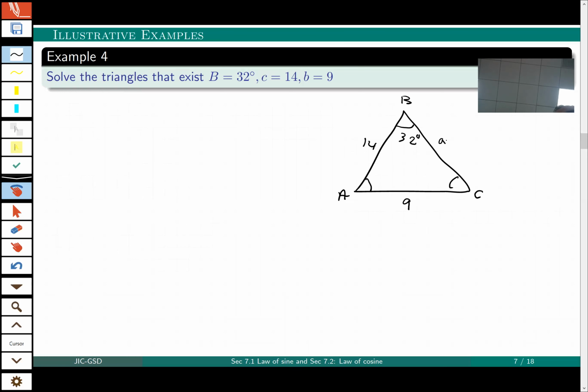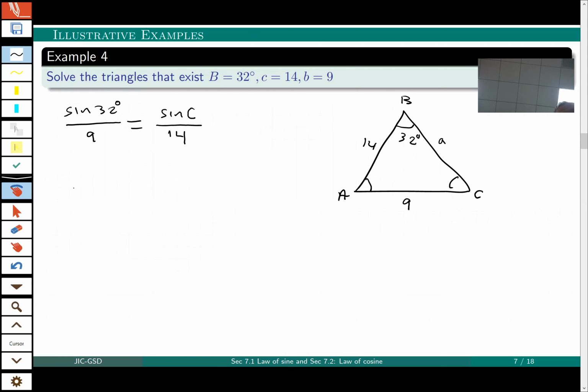Sorry, I need to find first the value of C. So we will say the angle C comes from sine 32 degrees divided by 9 should equal sine the angle C divided by 14.